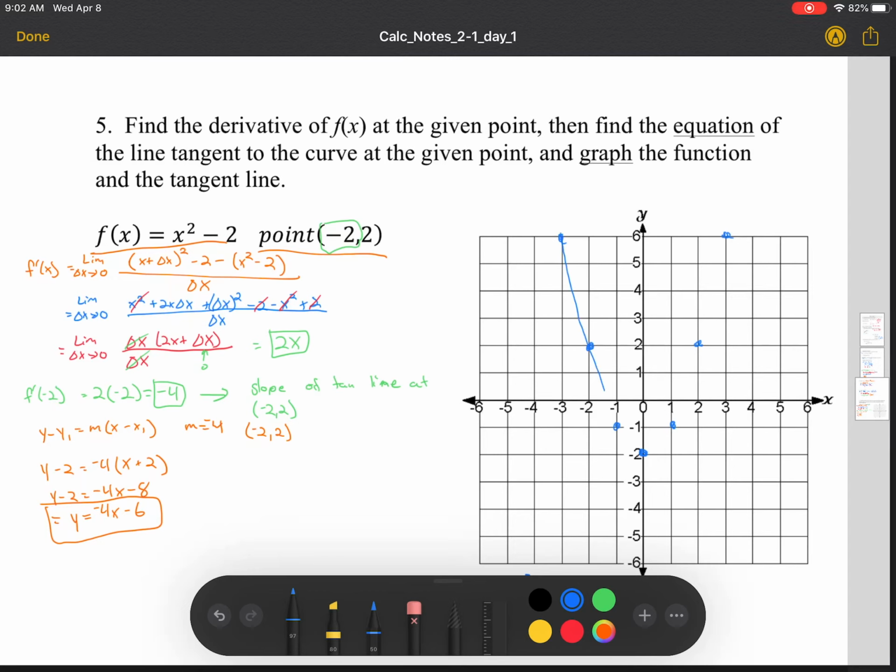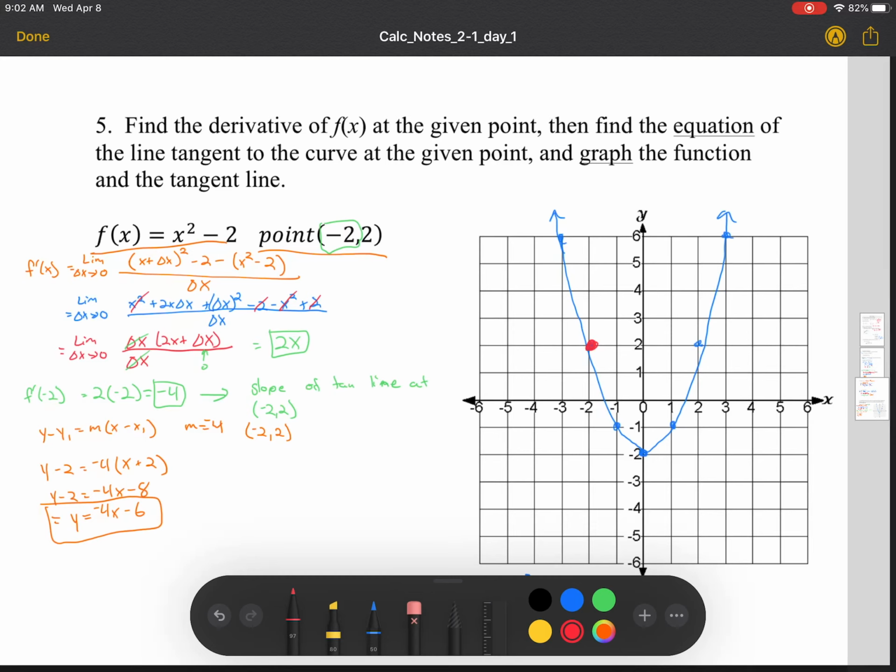It's going to look something like this. So we've got our graph right there.